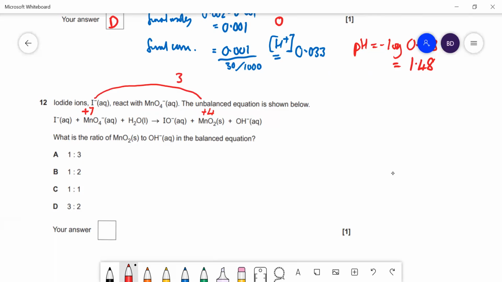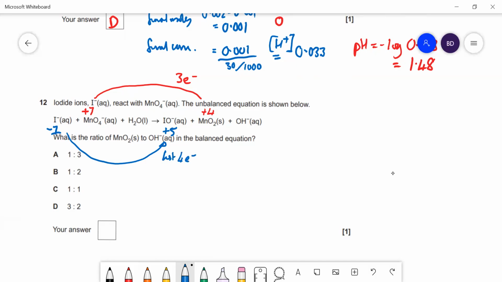That has gained 3 electrons. Whereas the iodide, so minus 1 oxidation state of iodine there, and +5 here. So the iodine has gone up by 4. It has actually lost 4 electrons.